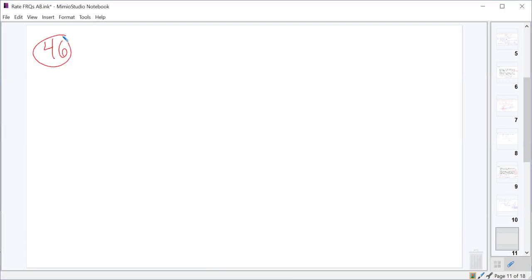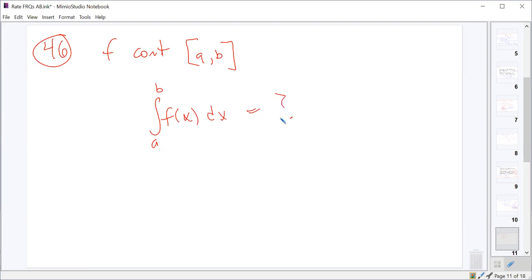All right. So the next one that was asked for was 46. So 46 says if f of x is continuous on, so we'll say f is continuous on a to b, then there exists at least one number c on the interval from a to b such that the integral from a to b of f of x dx is equal to what?